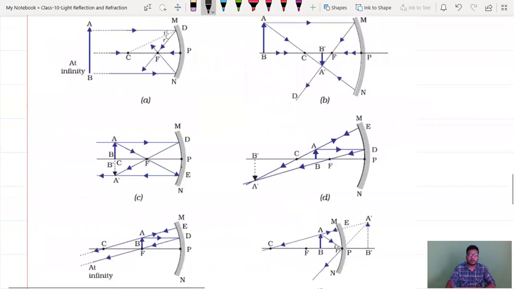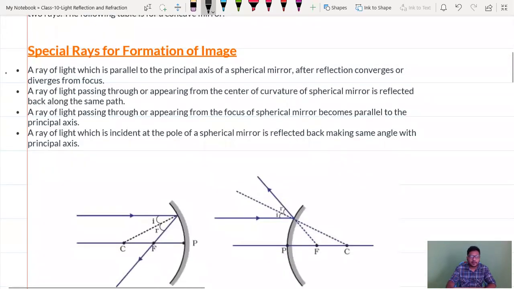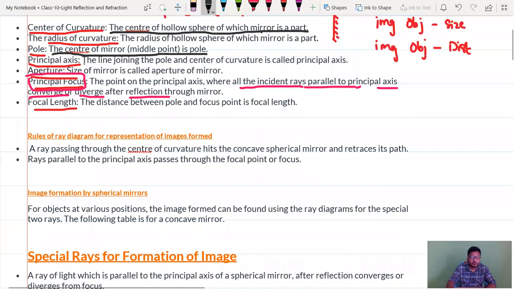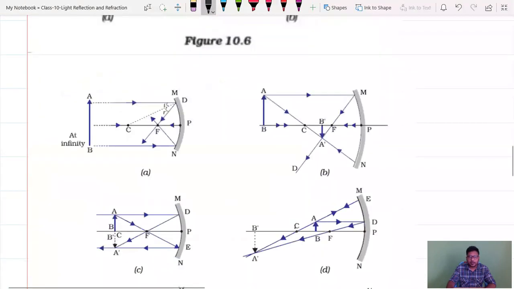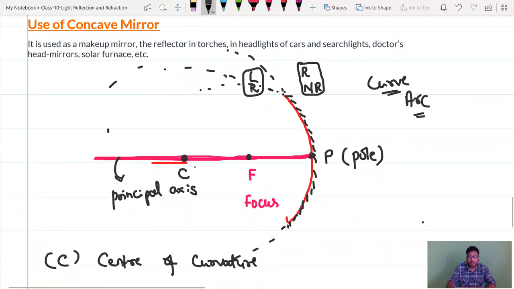Fine. Now you see the definition of principal axis. The line joining the pole and the center of curvature is called principal axis. So if there is any line you are drawing and it is joining P, F, C, it is called principal axis.